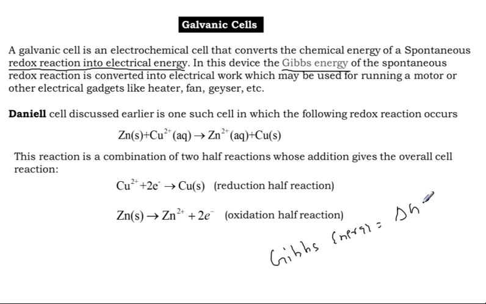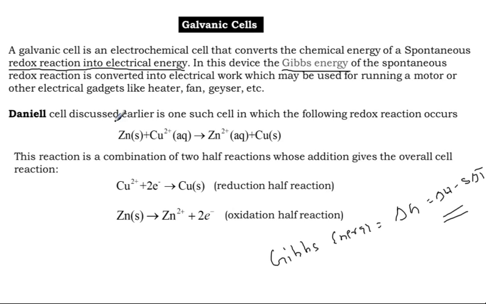Delta G is nothing but delta H minus T delta S from thermodynamics. If it is standard, then delta H will be the standard enthalpy. So the Gibbs energy of the spontaneous redox reaction is converted into electrical work, which may be used for running a motor or other electrical gadgets like heater, fan, geyser.